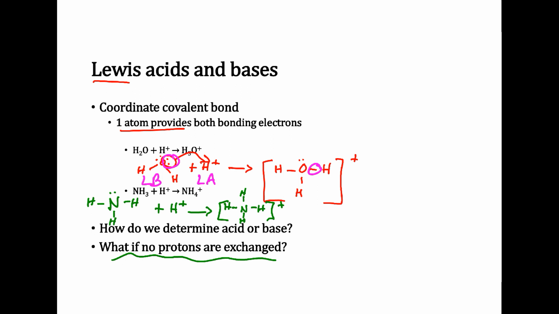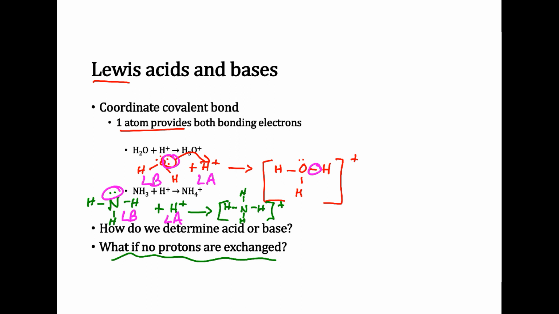Same thing down here with ammonia. We have ammonia with the lone pair on the nitrogen. It's providing that lone pair, so it's the electron pair donor, so this would be our Lewis base. The proton is accepting that lone pair, so this would be our Lewis acid. Our products here, the hydronium and the ammonium ions, would be our Lewis acid base adducts.